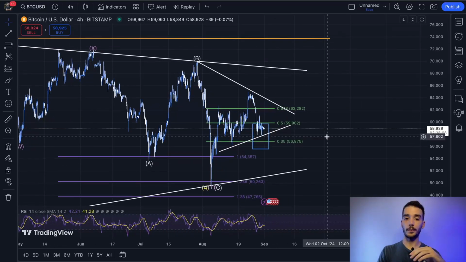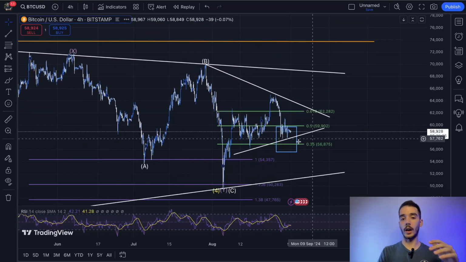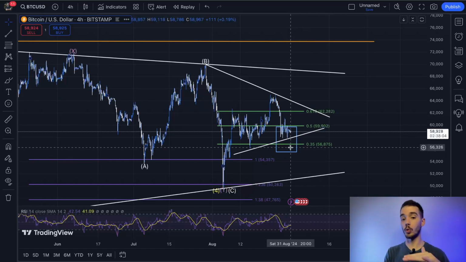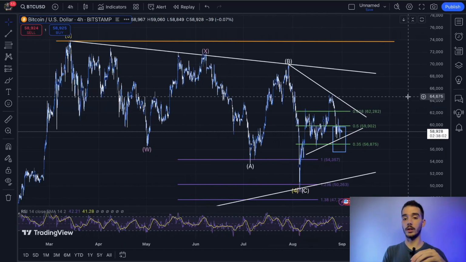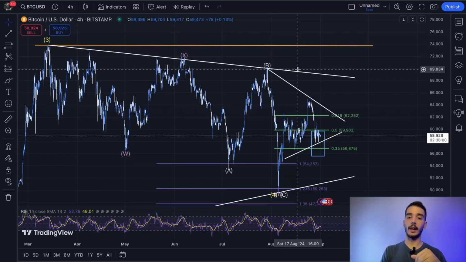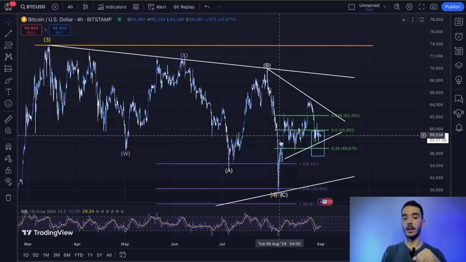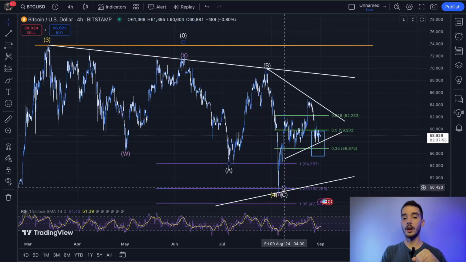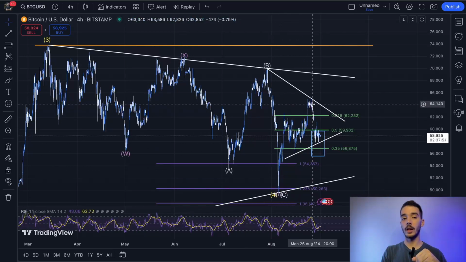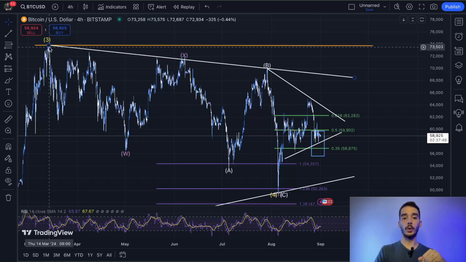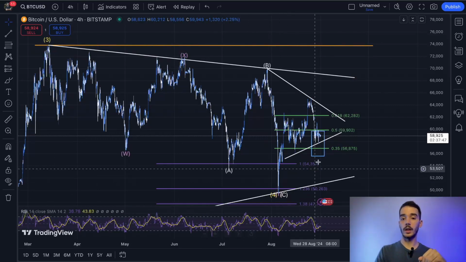On a previous video, I drew out this square right here, and this square is an overlapping area that's factored in with the retracement from up here to down here, from down here to here, as well as from the top of the third wave all the way to the bottom of the fourth wave.